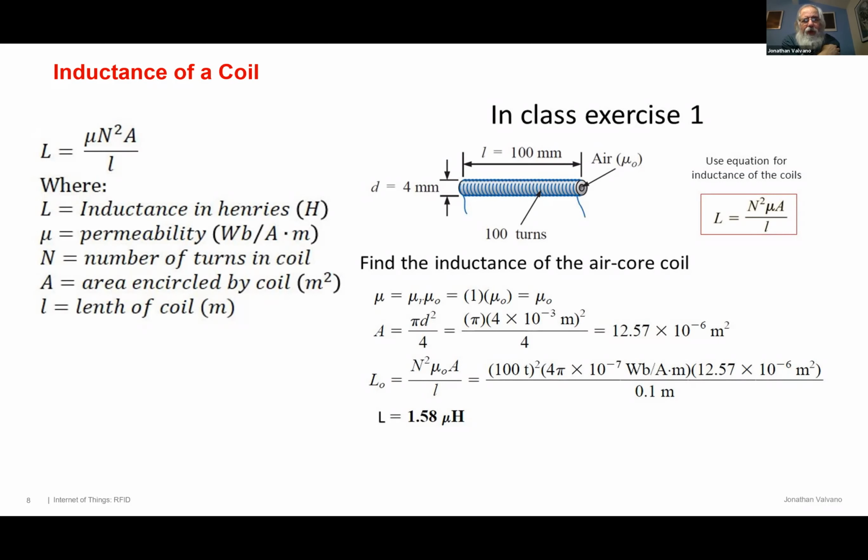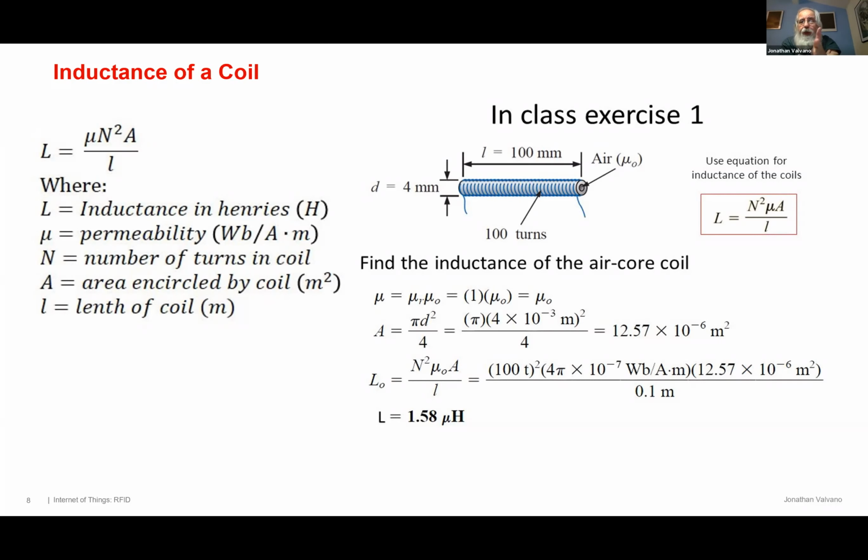Anyway, nevertheless, there are some terms that we could modify to make L larger. We can have more turns. But if you look at the relationship between N, the number of turns, and L, what do you see?